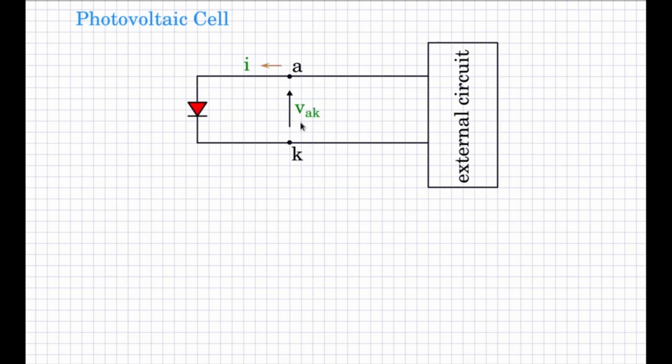So it is of our interest to study the diode PN junction in terms of the current through the diode and the voltage across its anode cathode terminal VAK.